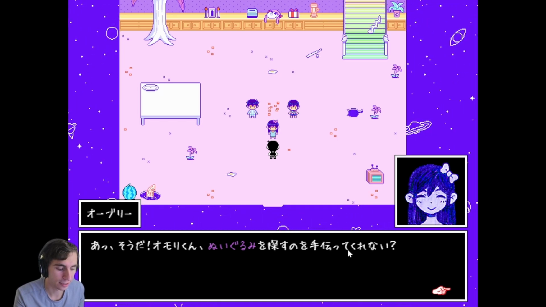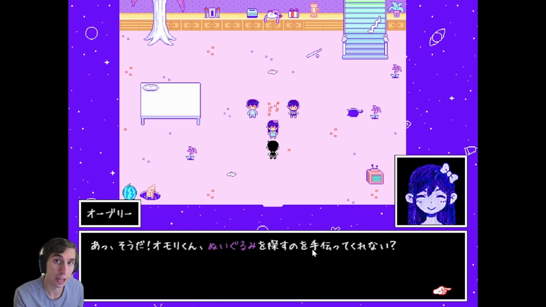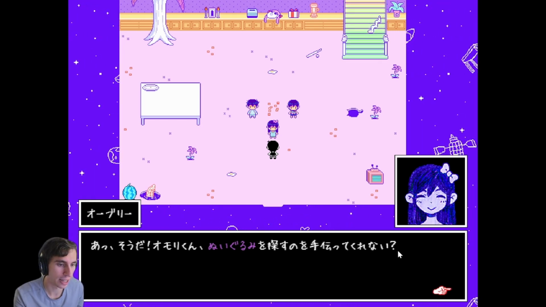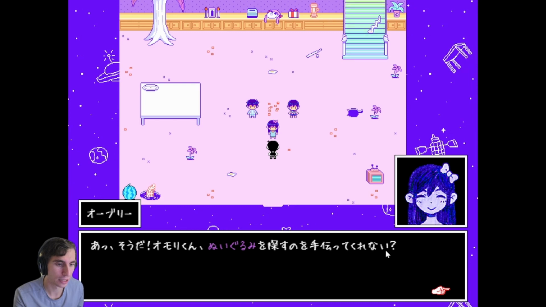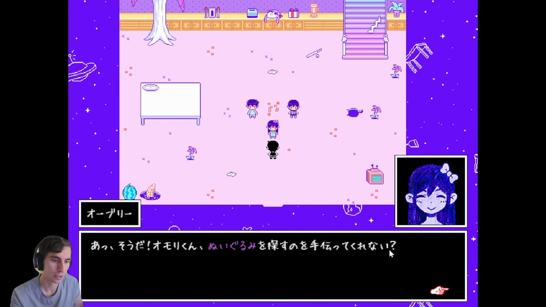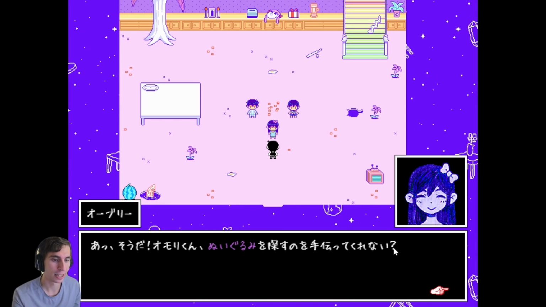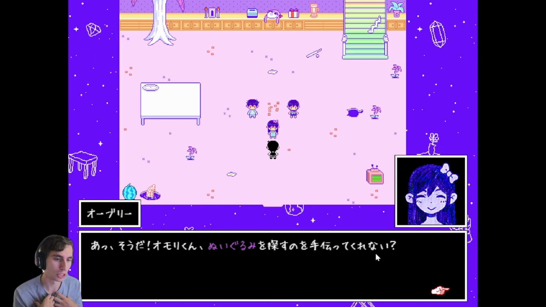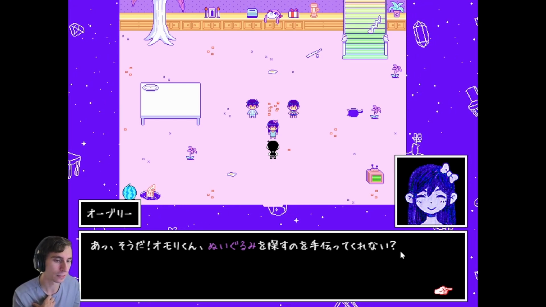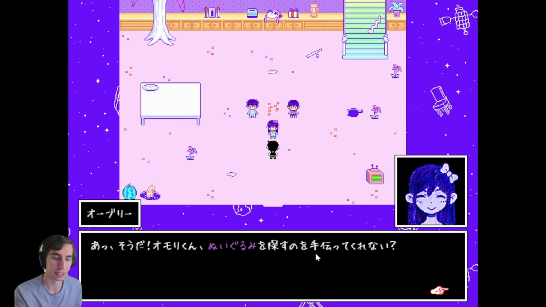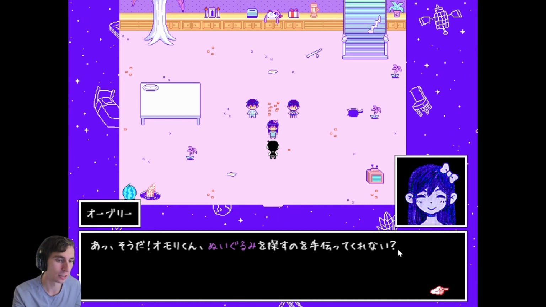手伝って is to help. And then with that te form, くれない. And then that くれない is again, like we learned previously, when you attach くれる with a te form verb, it's basically like you're giving me this thing, so you're giving me help. So she's asking with that negative tense, くれない, won't you help me? So 手伝ってくれない.